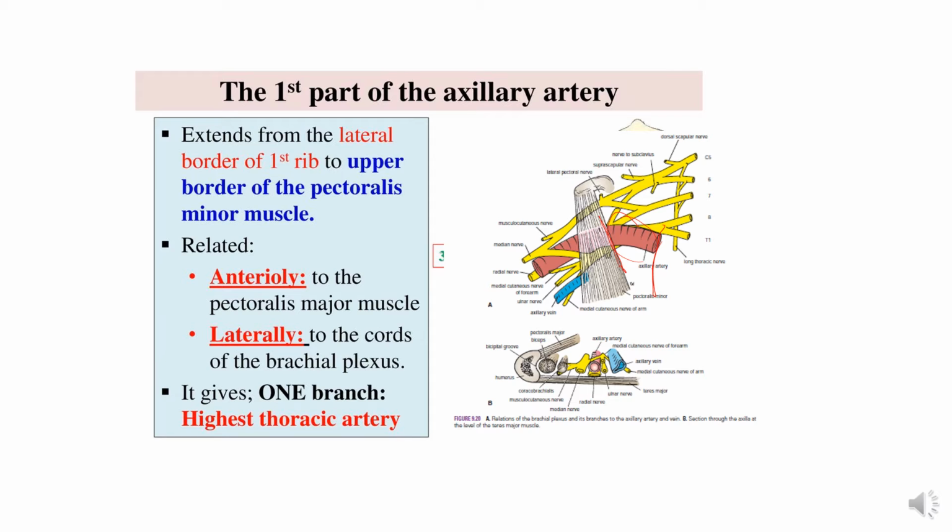This part gives only one branch, the superior thoracic artery, which gives intercostal branches to the first and second intercostal spaces and supplies blood to the upper part of the serratus anterior muscle.